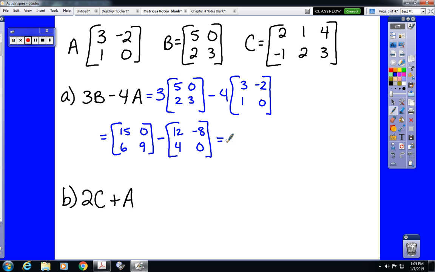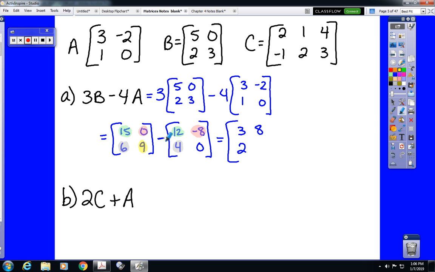Then we do what we did on the first page. We're going to go through and subtract location by location. So 15 minus 12 is 3. 0 minus -8 is 8. 6 minus 4 is 2.